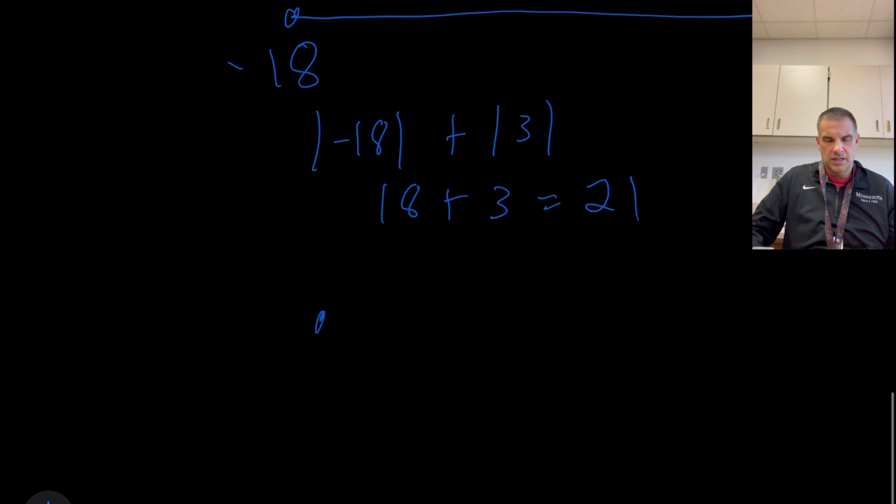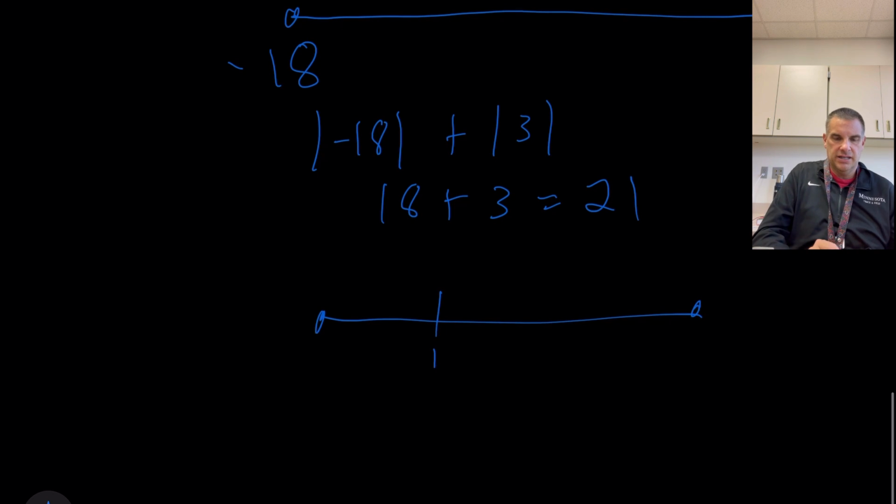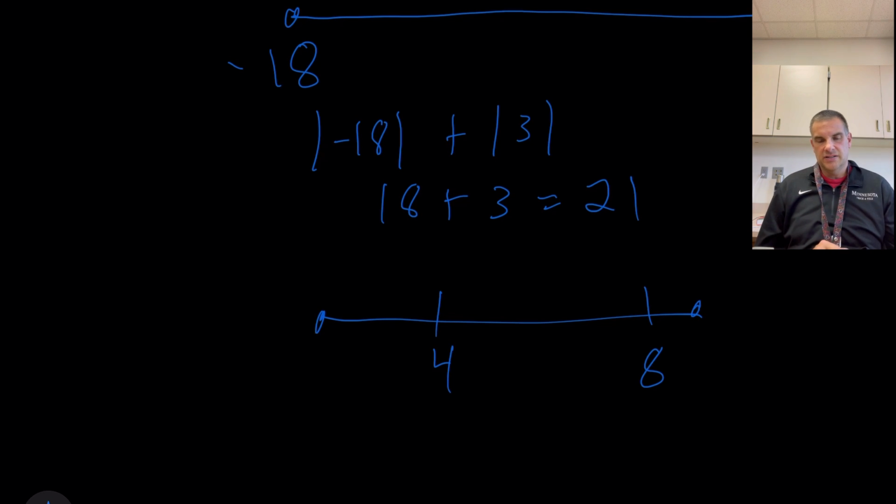Now, what happens if they are on the same side? Say we've got the 4 and 8. Obviously, if I try to do absolute value of 4 plus the absolute value of 8, that's 12, so that's probably not the solution. So if they're on the same side of the number line, really what you're going to do is the absolute value of the bigger number minus the smaller number.